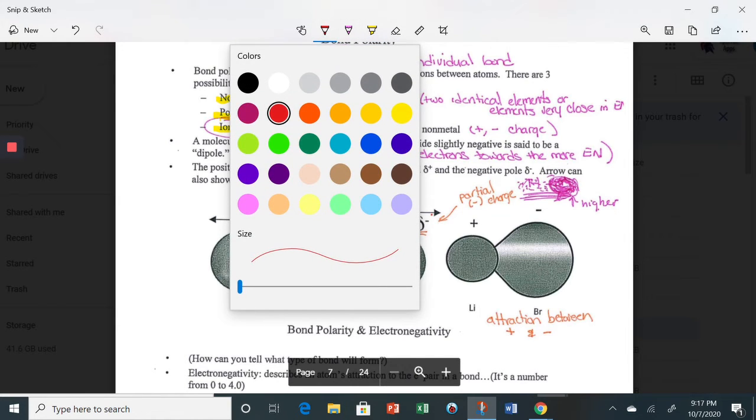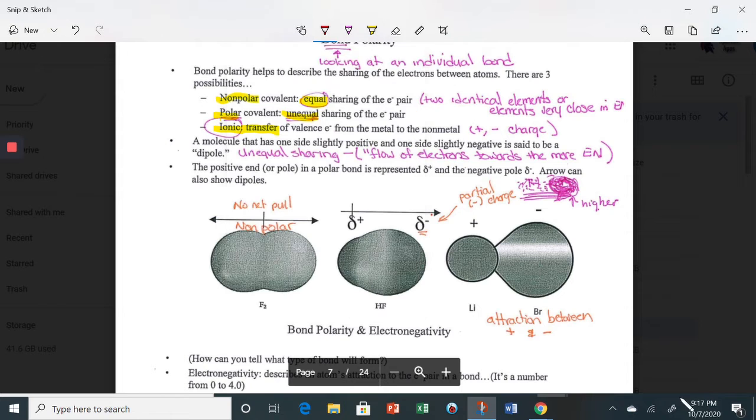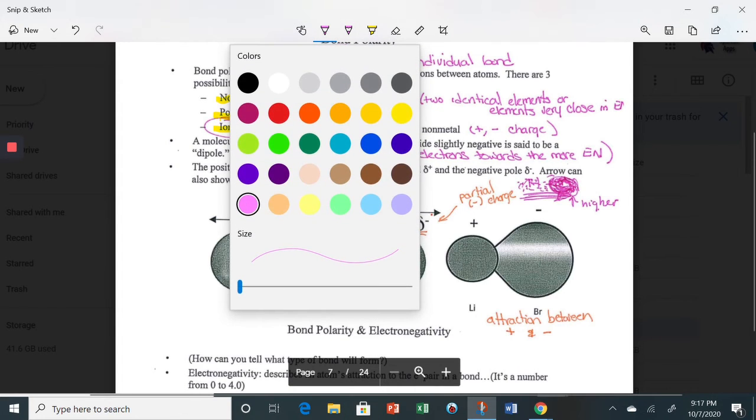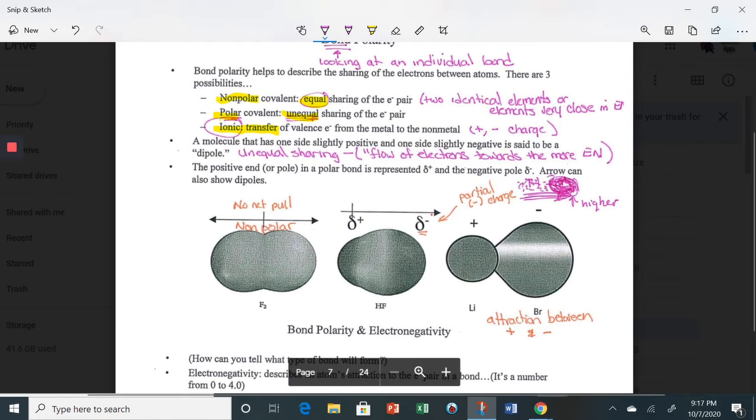I'm going to make the pen a little bit thicker, because on this particular drawing, unlike the other one, it seems to get really thin. So these little diagrams here are called electron cloud density. Where do the little electrons spend time?